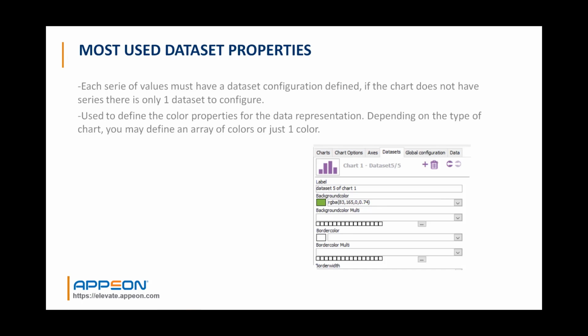Then the dataset tab is also very important. If you have several series in your graph, each of them will appear as an independent dataset, like different cities that are grouped in a bar chart, for example. And for each series, each set of data, you will specify some settings.